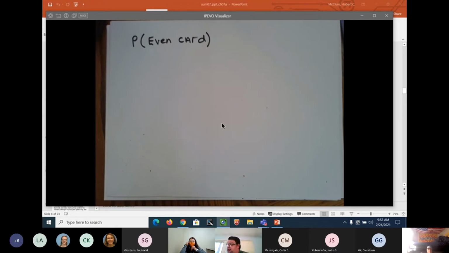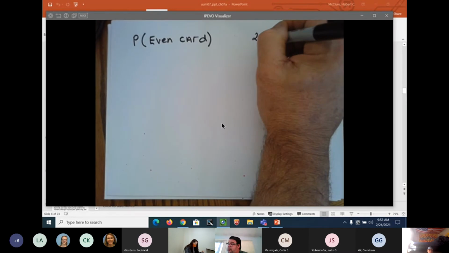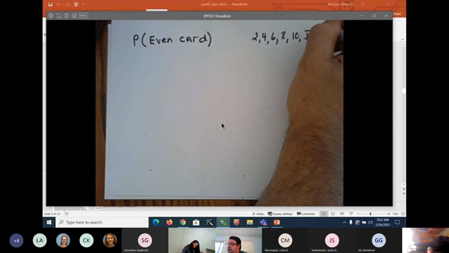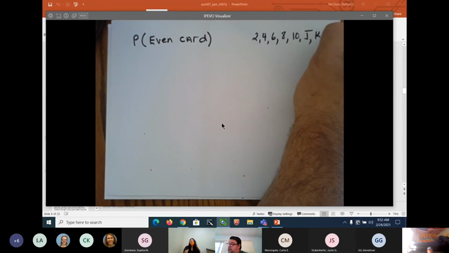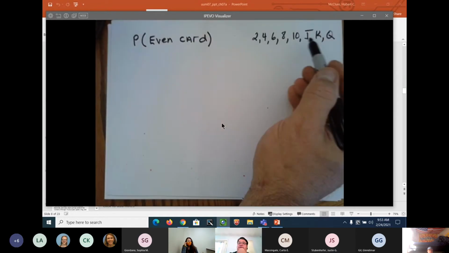Well, 2, 4, 6, 8, 10, Jack, King, Queen. The jack, the king, and the queen are face cards, and they count 10 as 10 if you're playing blackjack. So all of those are even cards.